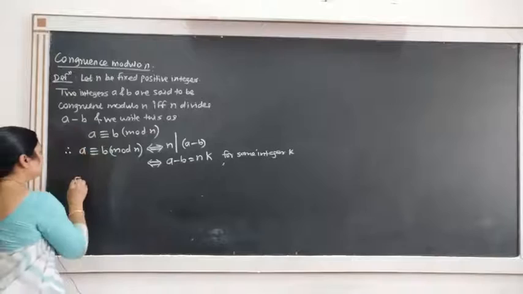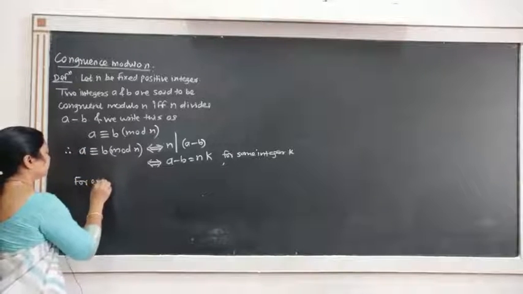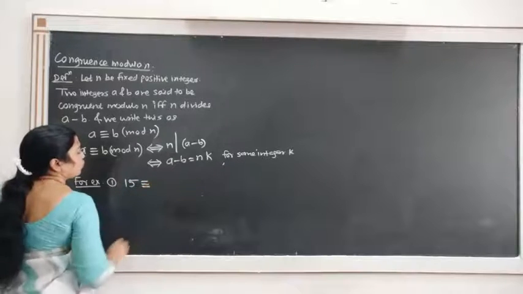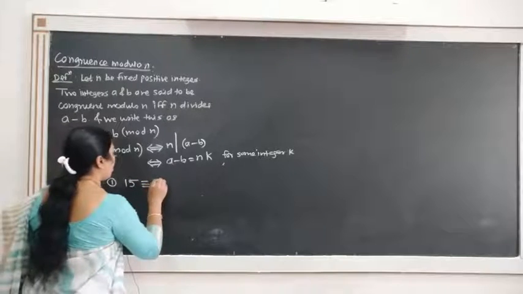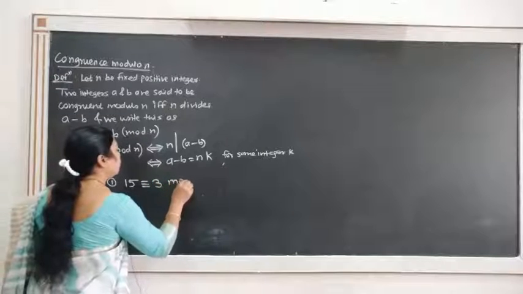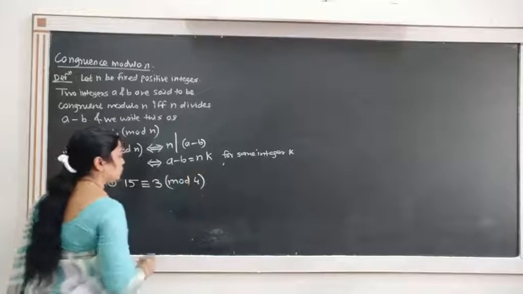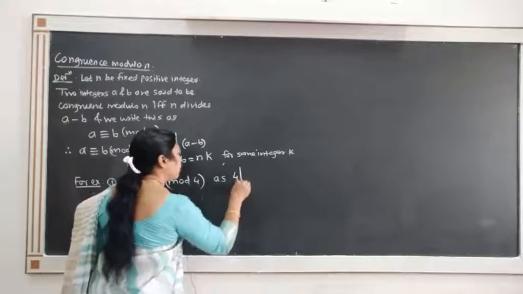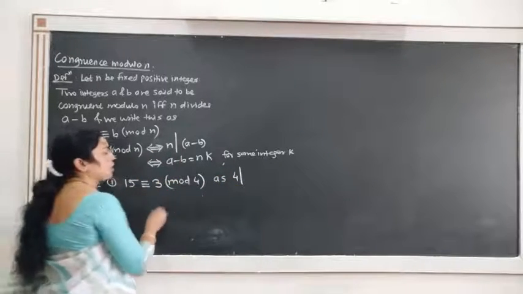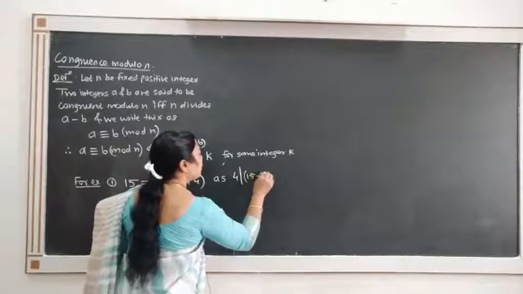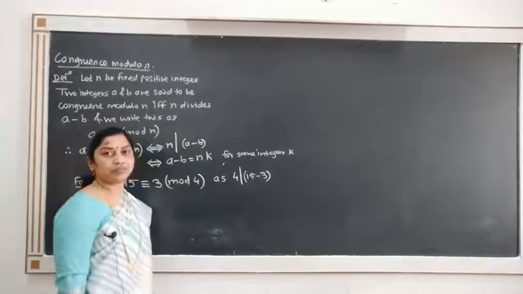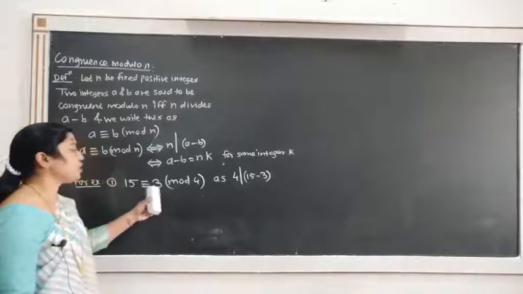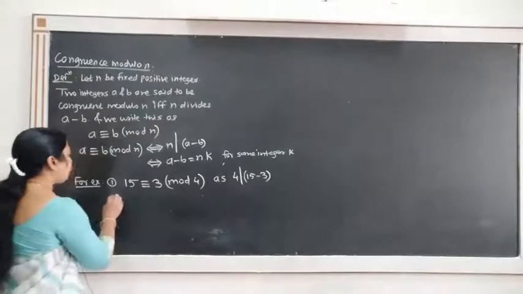For example, 15 is congruent to 3 modulo 4 because 4 divides 15 minus 3. 15 minus 3 is 12 and 4 divides 12. So obviously 15 is congruent to 3 mod 4.